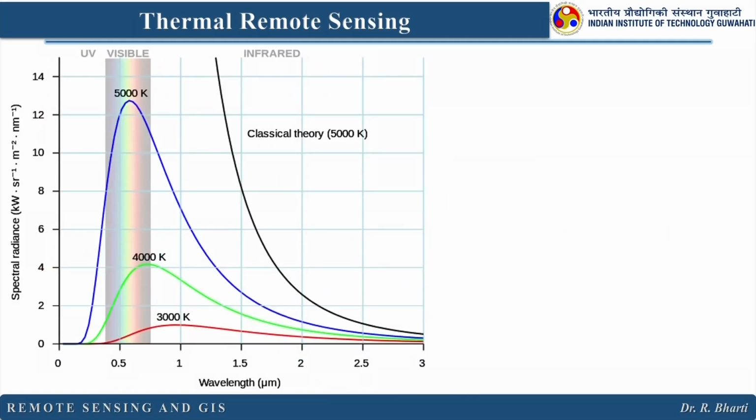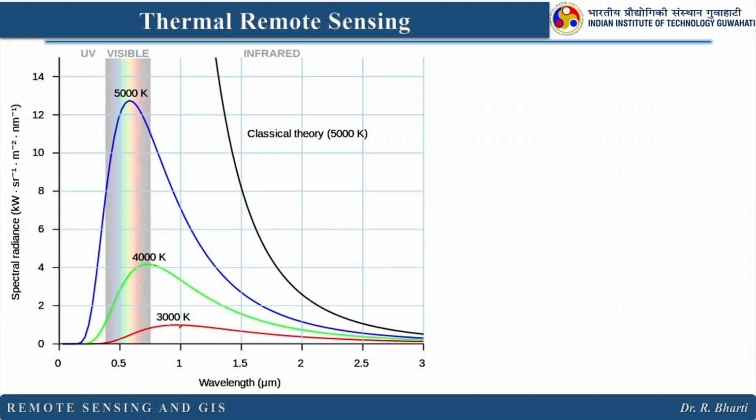So here if you see this particular curve, 5000 Kelvin, 4000 Kelvin and 3000 Kelvin have been written. Now let us correlate with all the other basics.